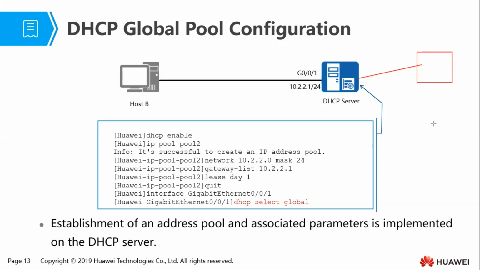So actually the answer is you'll have to configure what we call a number of gateways. So you see here, we are configuring a gateway and we're just configuring one gateway. So when you want to use the global pool on different network segments, you have to specify different gateways by separating this list with a comma.